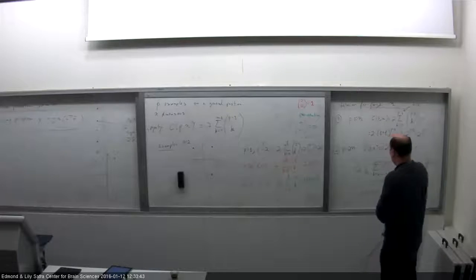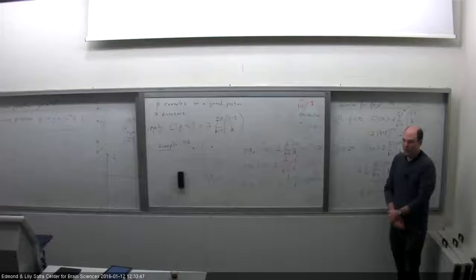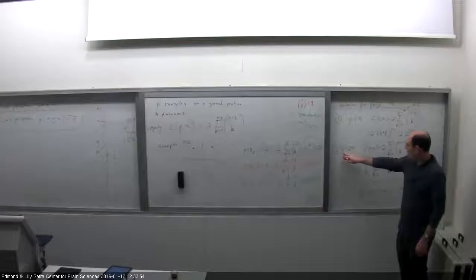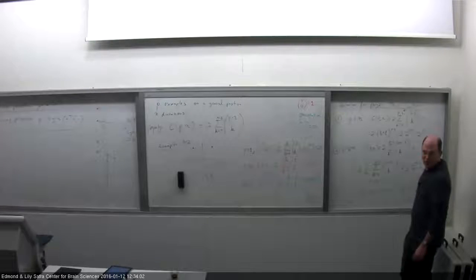How many dichotomies are there? P is 2n, so in general the number of dichotomies is 2 to the power 2n, and the number that we can implement is half of that, right?